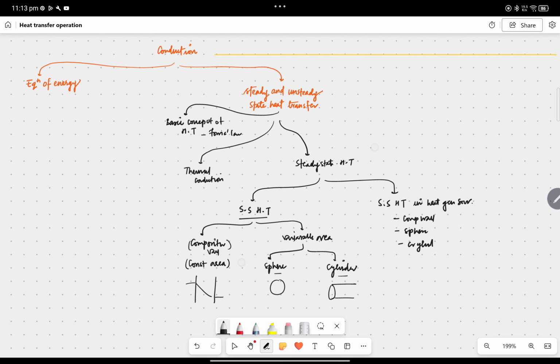So you can see that this is the mind map of the topic where this question has come from, and from this point they have asked the question, so you can get an idea of how you have to study for this topic, right?